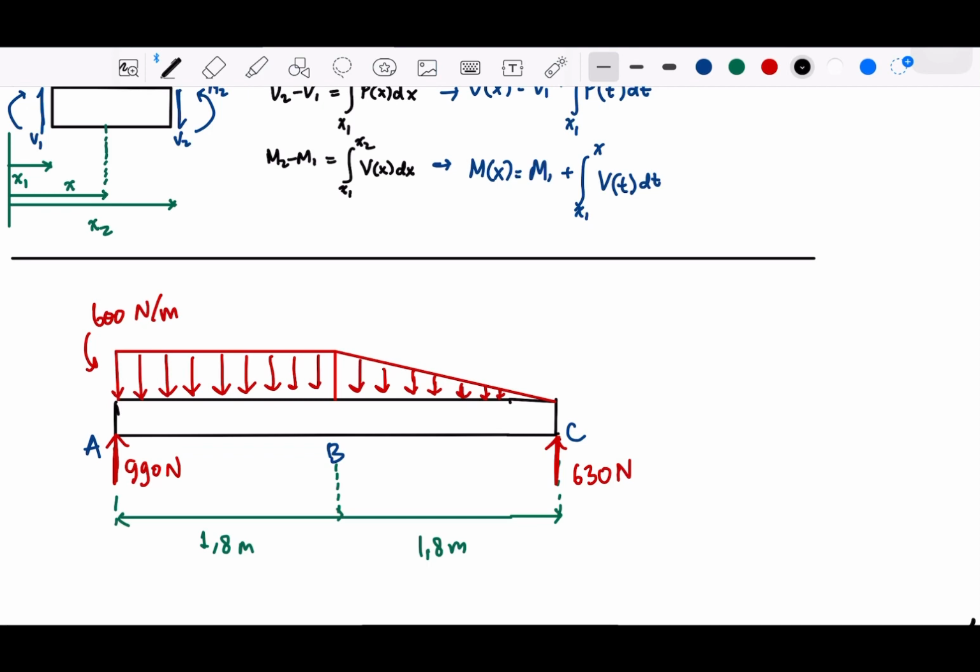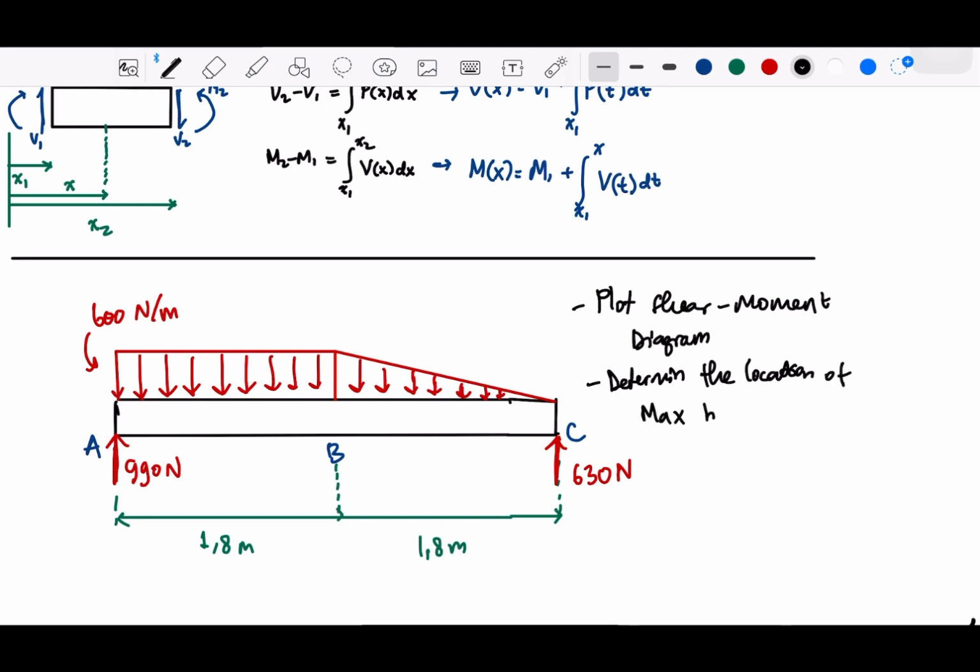First you need to find these, and I'll give them to you right away. The next question is to get the diagram: plot the shear and moment diagram, and then determine the location of the maximum bending moment.